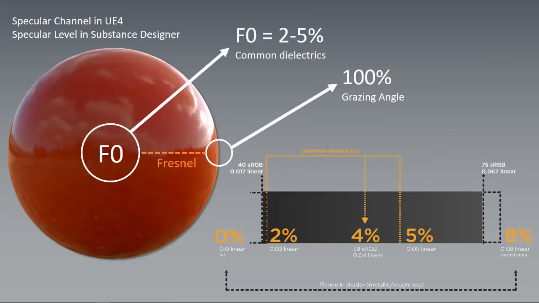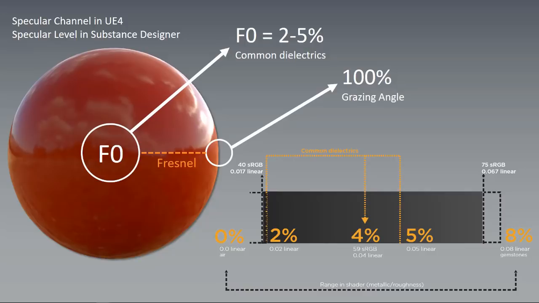It's nice to be able to understand what this range actually represents. You can see here that if we look at this from a value of 2 all the way up to 8, this value really doesn't change all that much. That's another thing about this F0 value for dielectrics: it doesn't really change drastically.